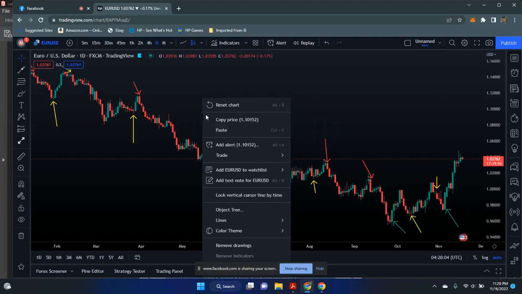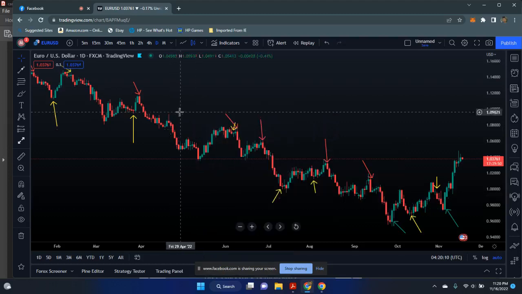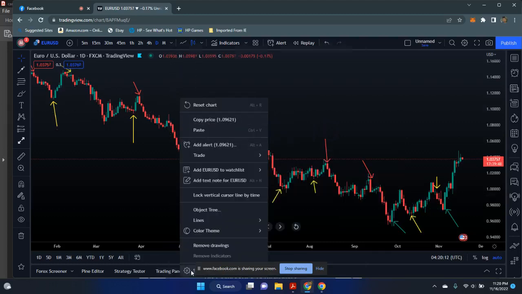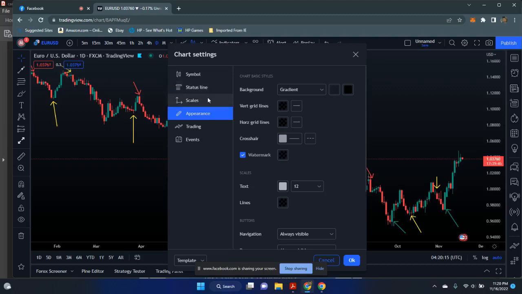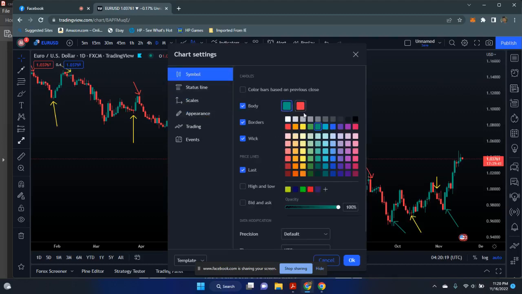Like they said, don't focus on the color, focus on what price is telling us. Where's my settings? Okay, there you go. Symbols. So it can be purple or something. It can be different colors.